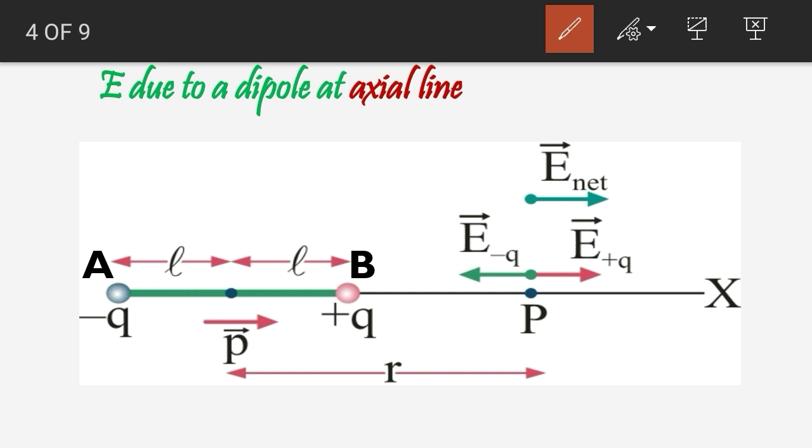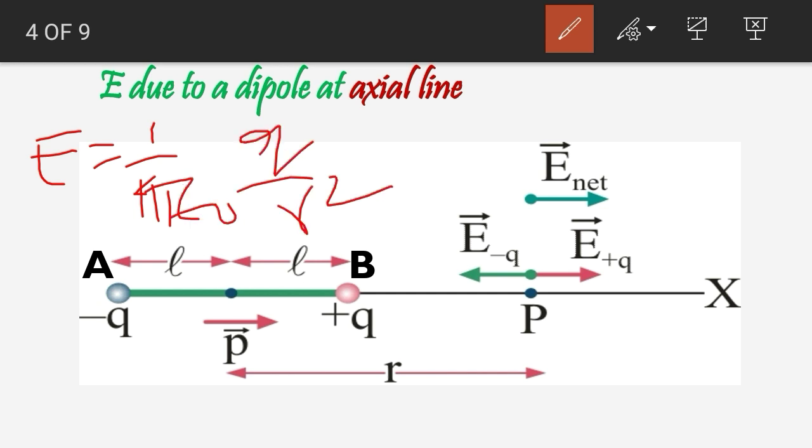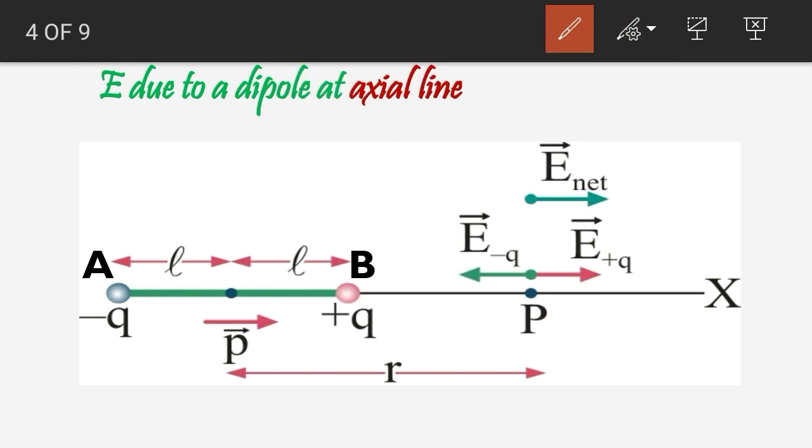We know that due to a point charge, electric field is given by 1 over 4 pi epsilon 0 times q over r square, where q is the source charge and r is the distance between the source charge and the investigation point. Here, the distance for the negative charge is A to P, and the distance from the positive charge is B to P, right? So the basic procedure to answer this long question will be to evaluate the electric field due to the negative charge and the positive charge individually.